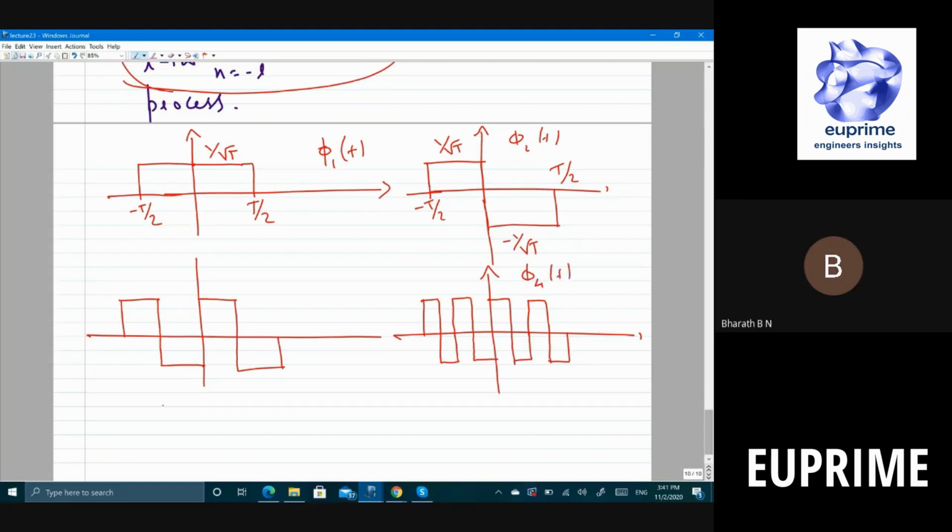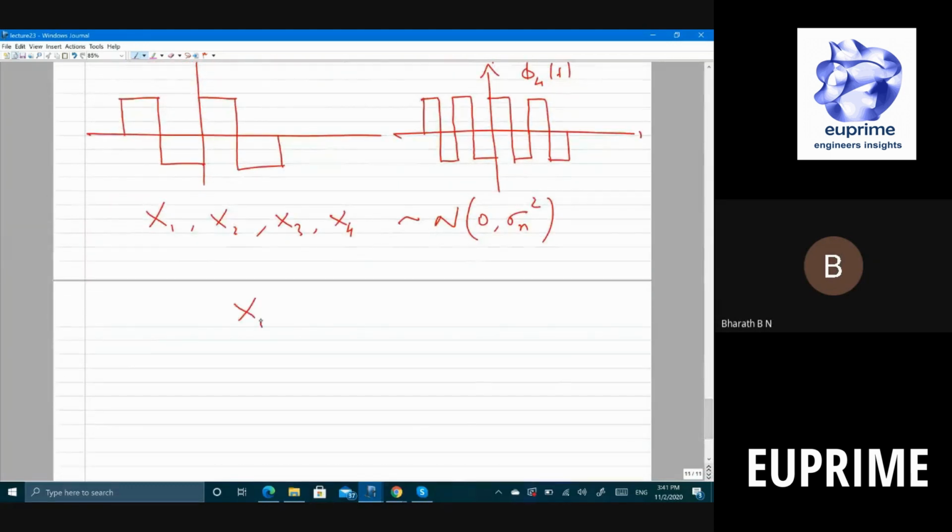Now what do I do? I take 4 random variables x1, x2, x3, x4, independent, Gaussian, let's say 0 mean, and variance sigma n squared. For example, x1 can be variance 1, x2 variance 1 by 2, x3 variance 1 by 3, x4 variance 1 by 4. So I have 4 of these.